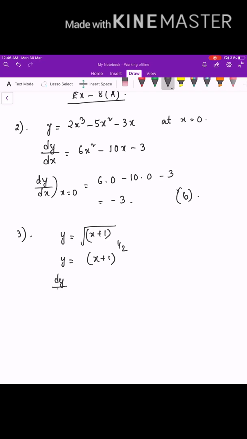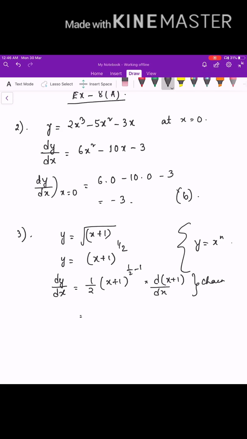So dy by dx. What is the basic formula for this? y is equal to x to the power n, so n into x to the power n minus 1. This is not x but x plus 1. So I can always differentiate this with respect to x.